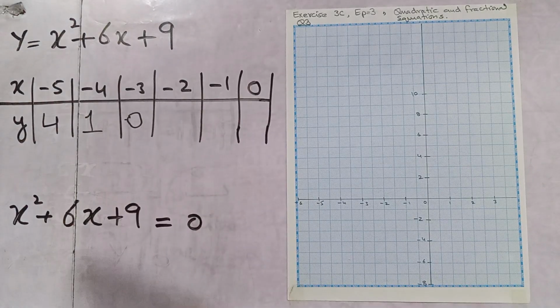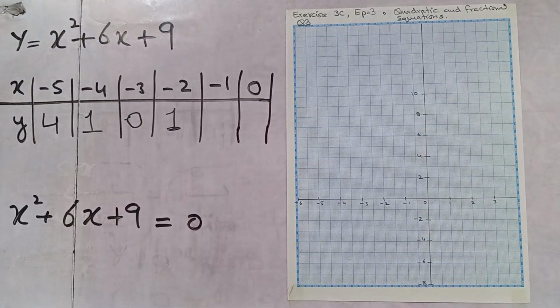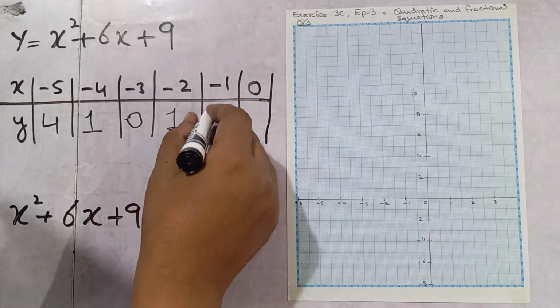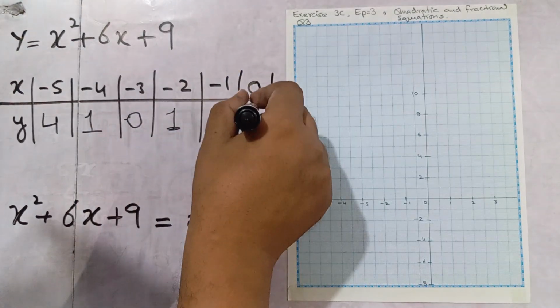Then I enter -1, bracket -1 squared plus 6 bracket -1 plus 9, and that gives me 4. And when you enter 0, it will be 9.